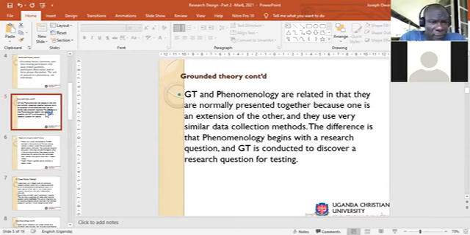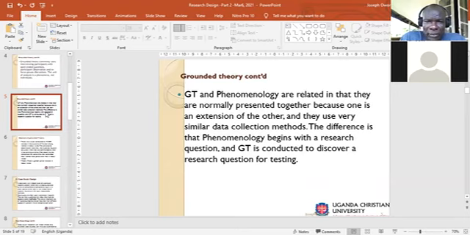Grounded theory and phenomenology are related. That's another concept which you need to get in your head. Phenomenology. Grounded theory and phenomenology are related in that they are normally presented together.